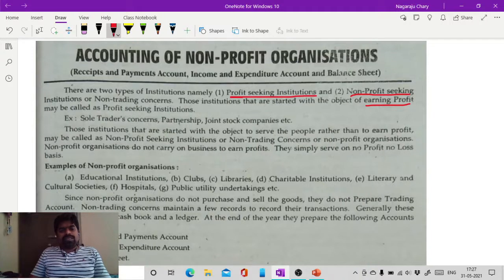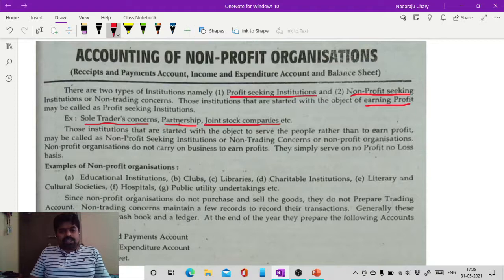Examples: sole trading concerns are profit seeking institutions. Partnership firms are also profit earning organizations. Joint stock companies too. These forms of business organizations are known as profit seeking institutions.